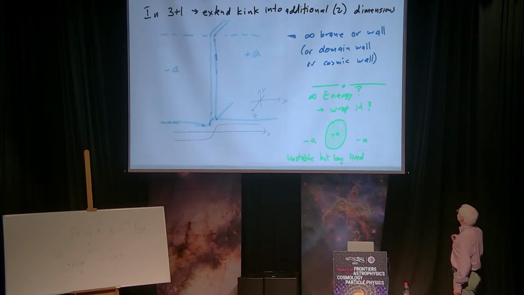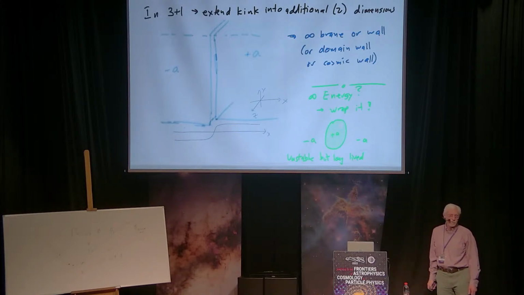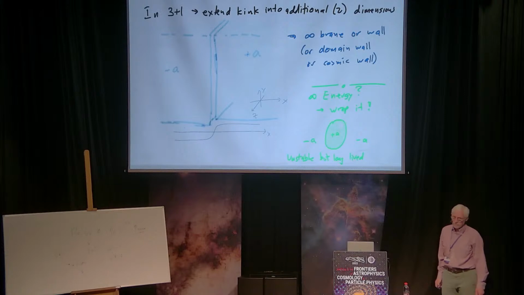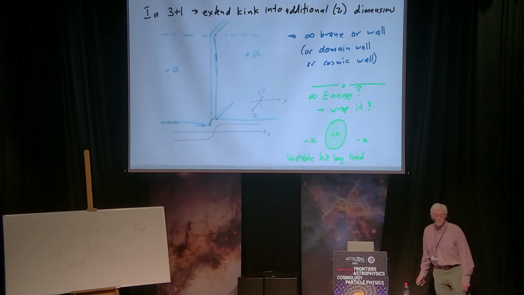So it has infinite energy, but what can happen, of course, you can take this thing and wrap it around in a very, very big sphere, for example. It's no longer stable, but it has very long lifetime. And so you can have things like these, which could happen in the universe. If you have a field which has 2 different vacua, you can imagine having bubbles like these of one vacuum plus A inside the other vacuum minus A. Okay.